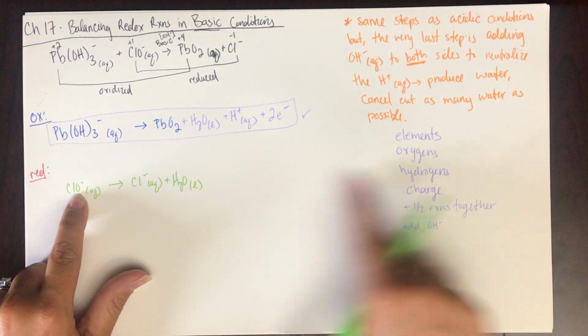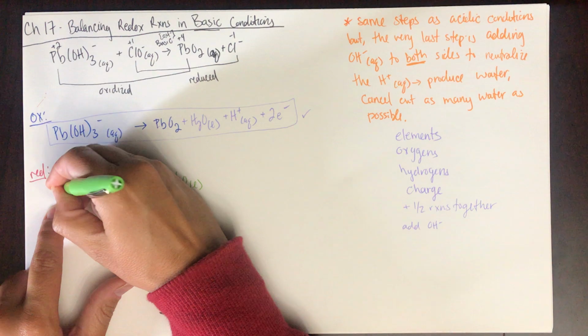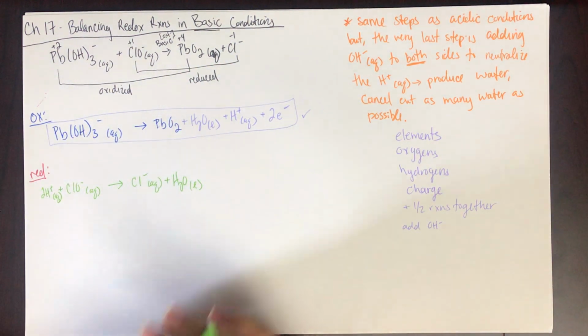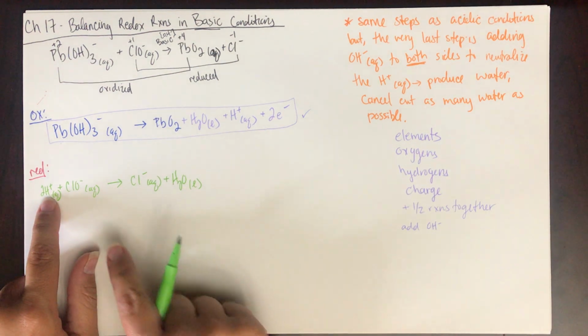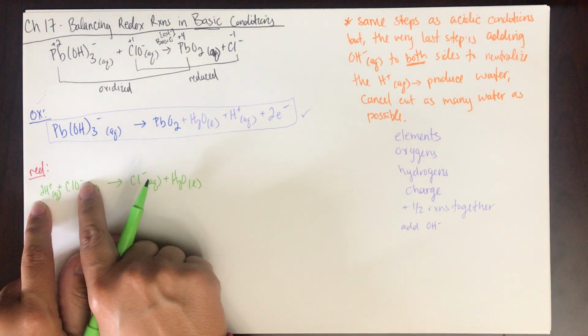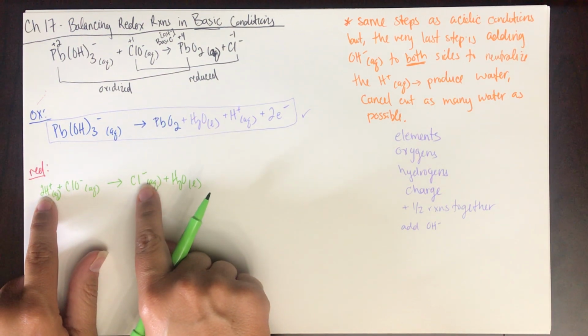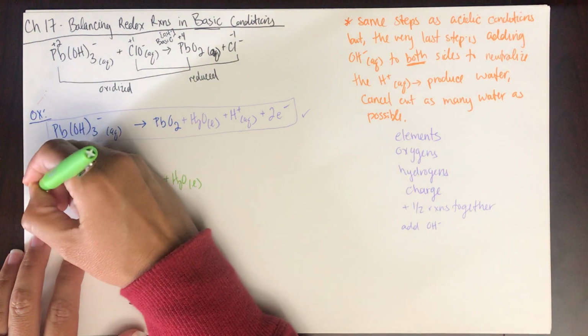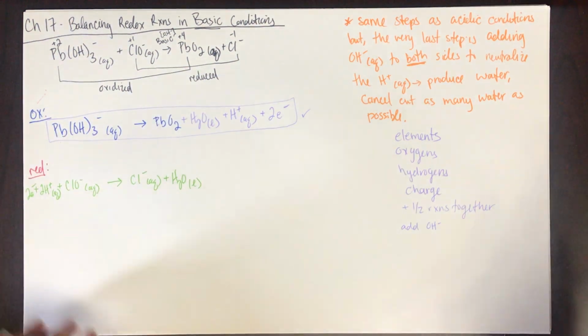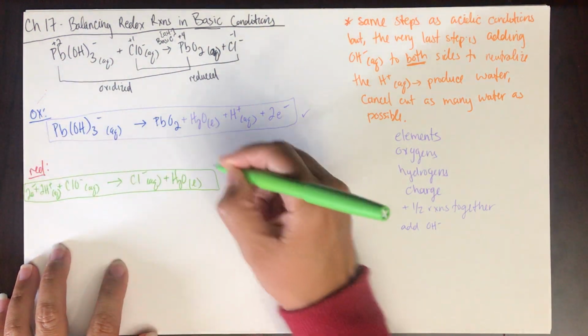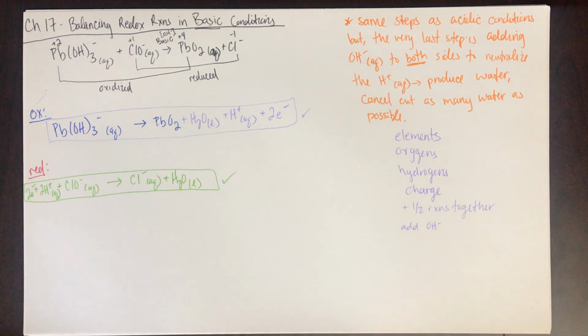Now we're going to balance the hydrogens. This side has 2 hydrogens, so let's give this side 2 hydrogen ions. Now this side is +2 -1, so this side is +1 and this side is -1. Now I need to give this side 2 electrons. Now the charge is balanced. So now this is my balanced reduction half reaction.